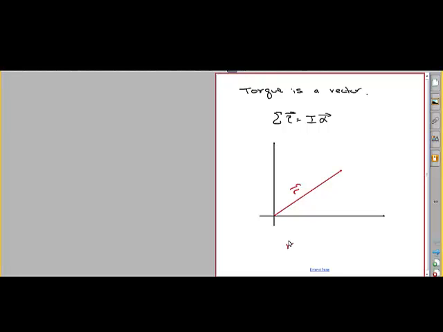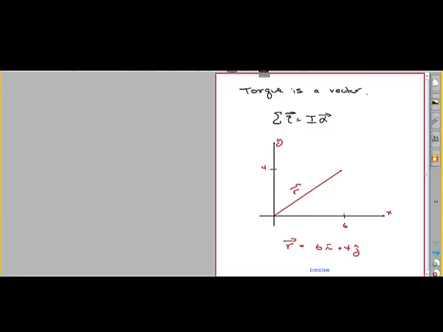I'm just doing this in 2 dimensions, so let's say that's 6 units and that's 4 units. So the radius vector is going to be 6i hat plus 4j hat.